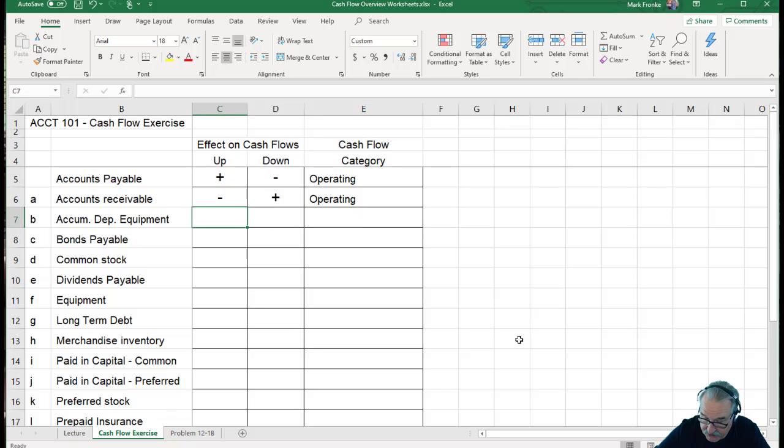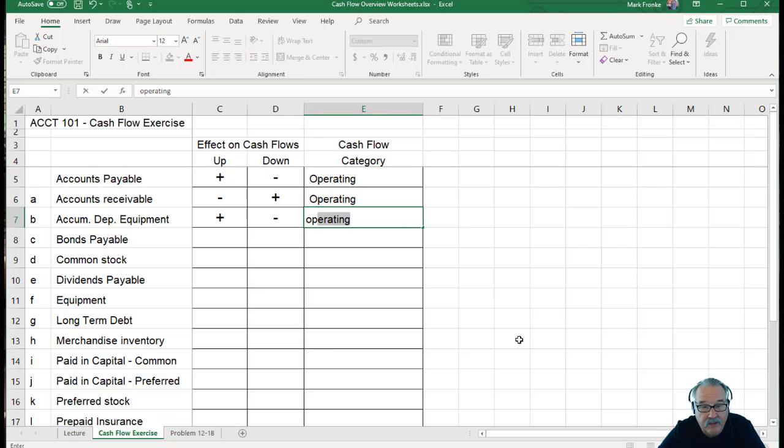If accumulated depreciation goes up, now because accumulated depreciation is a contra asset, it's going to be like a liability. So accumulated depreciation also is an operating item because we have depreciation expense that is recorded in the books.